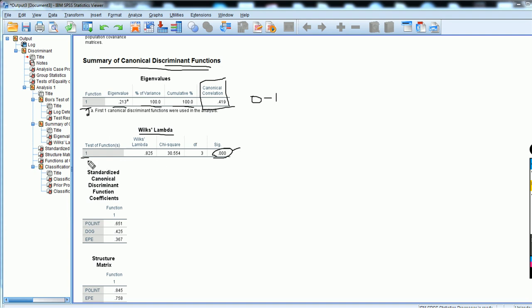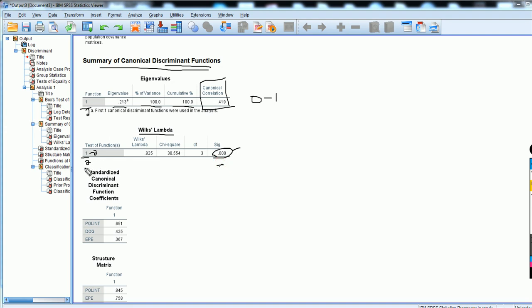Now, if there were more functions, for instance, let's say we had 2 functions instead of 1, then the significance test would be carried out in a peel-off fashion. There would be a test for functions 1 to 2, looking at the total relationship between the set of discriminant functions and the grouping variable, and then a test of function 2, which would be a test of that function proper.